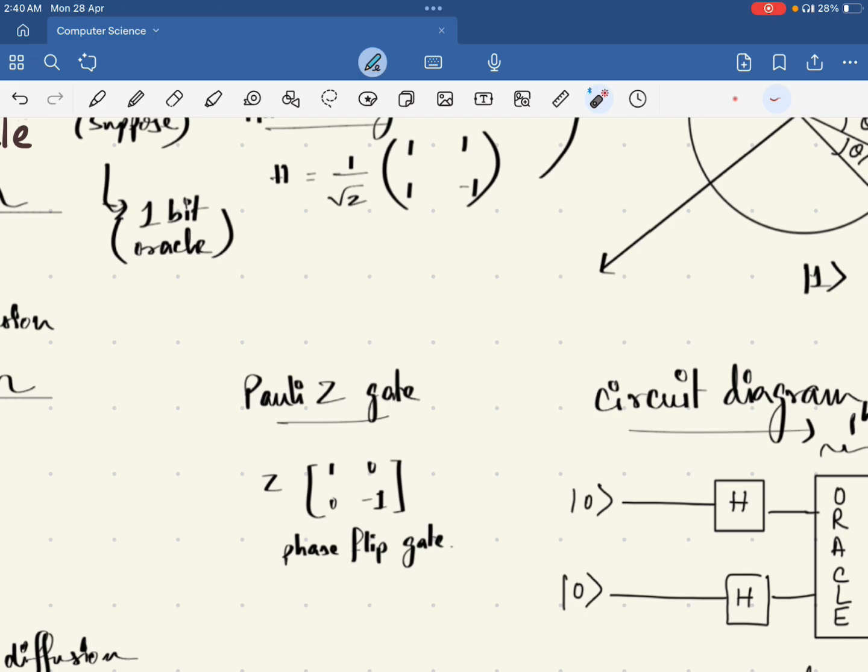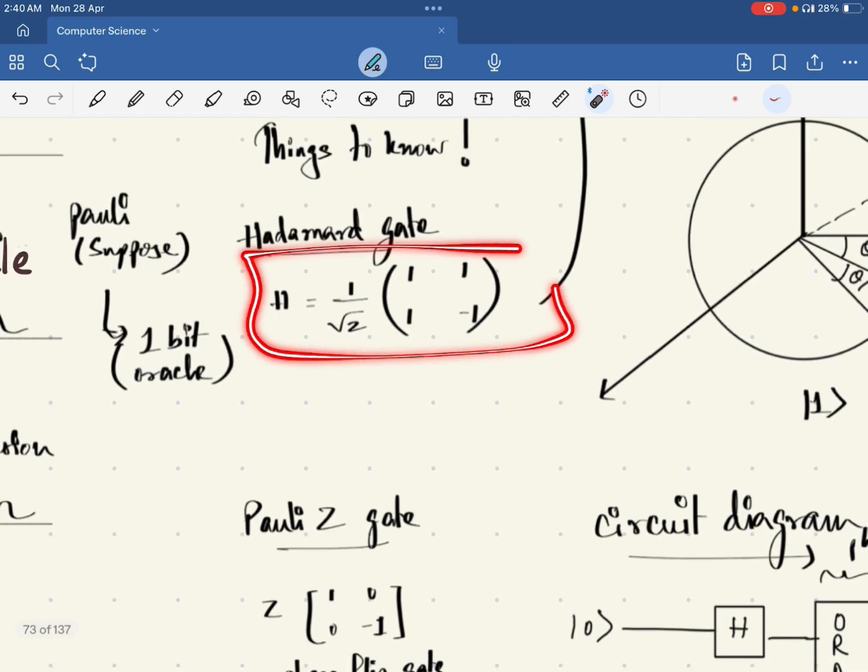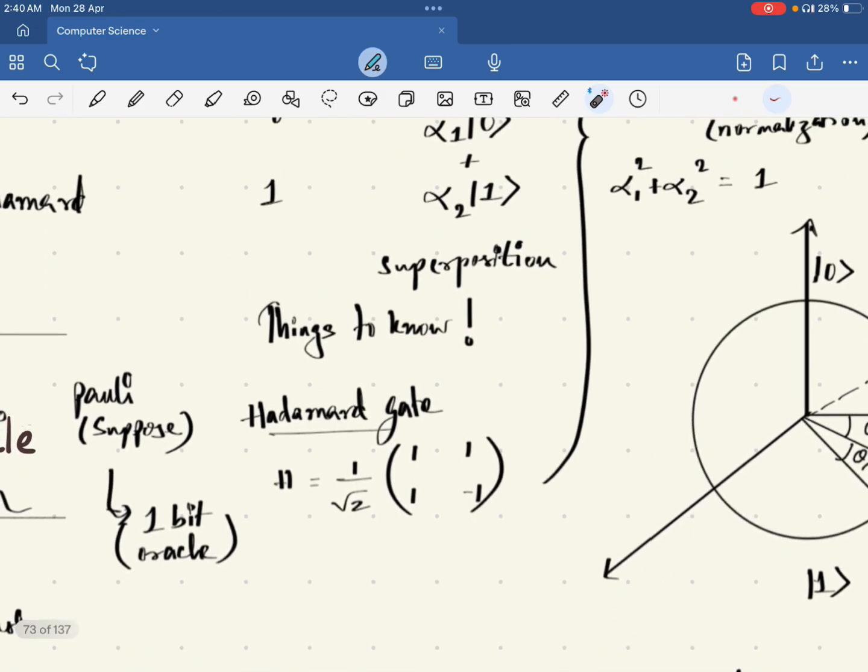For bigger qubit systems, that is 2 or 3 or n such qubit systems, the oracle function becomes much more complex. We'll discuss what an oracle function is later. And coming to the Hadamard gate, this is a normalization tool. That is, suppose we have n states like this.